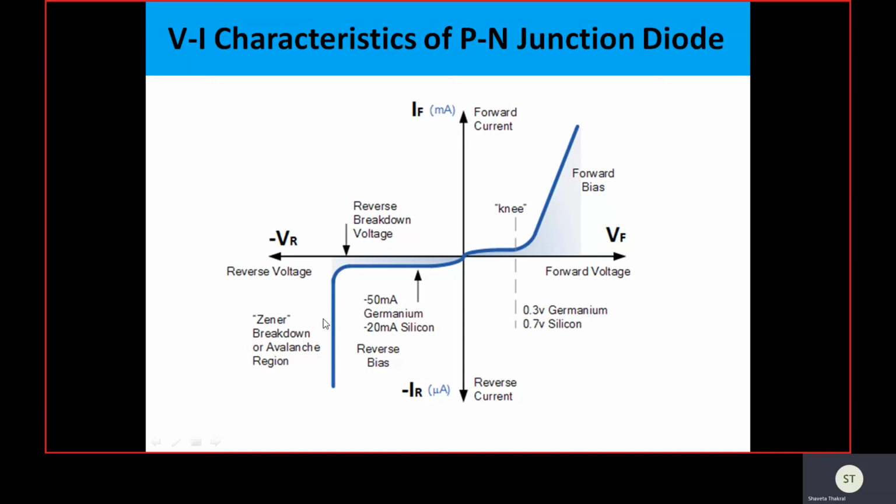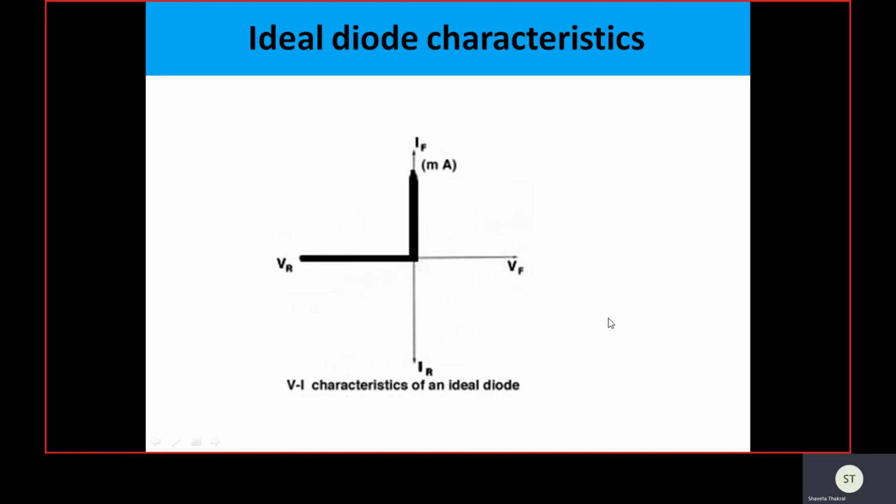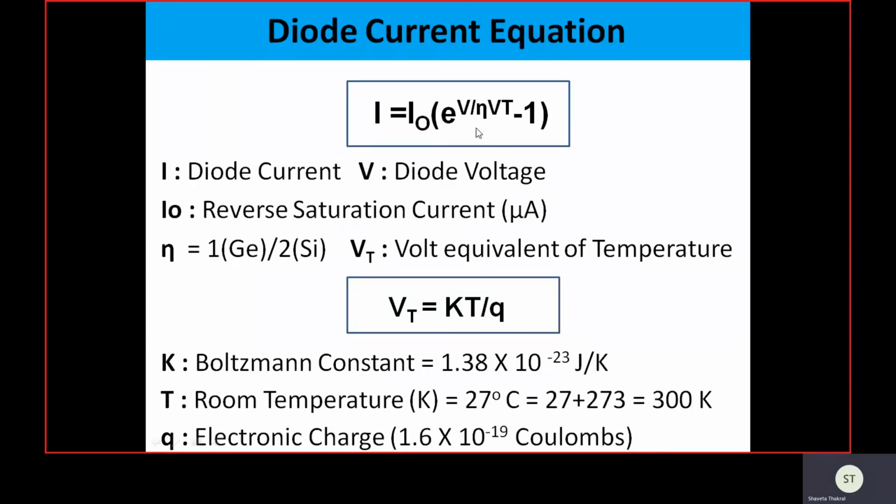There are two types of breakdown: one is called Zener breakdown and the other is avalanche breakdown. A very important observation here is that the forward current lies in the range of milliamperes, whereas the reverse current lies in the range of microamperes.